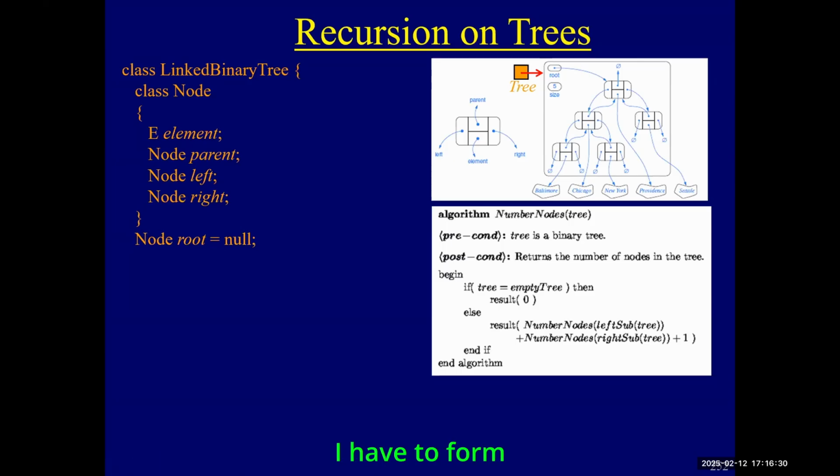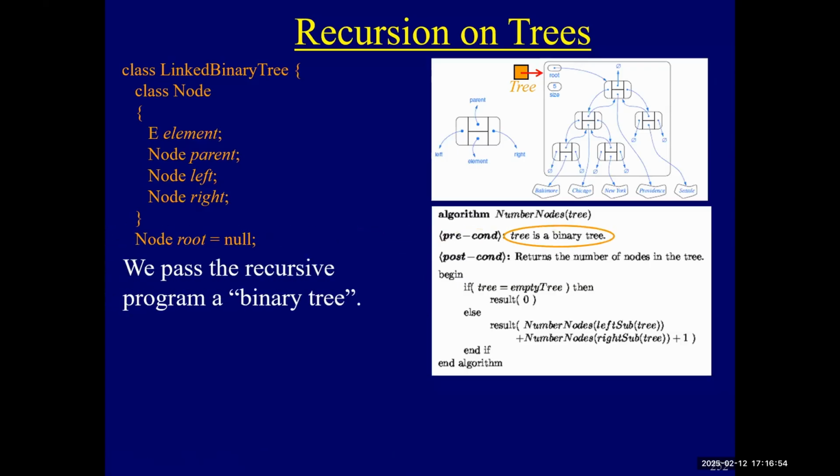I have to form new objects called trees and put these subtrees in them, and we don't want to do that." So instead, when I pass the name tree, I'm really passing the pointer to this. And then to my friends, I pass the pointer to this and the pointer to this.